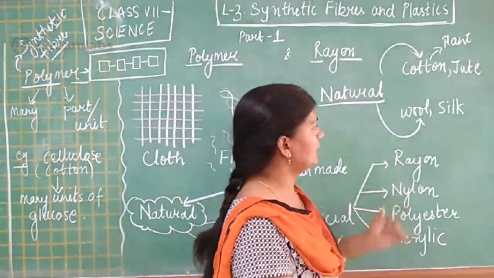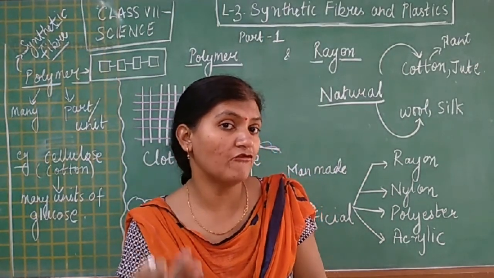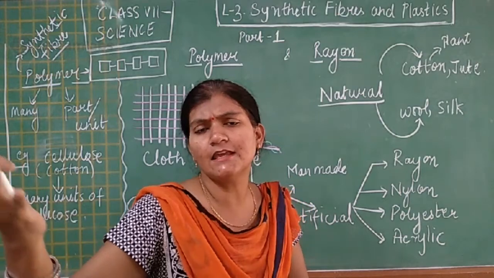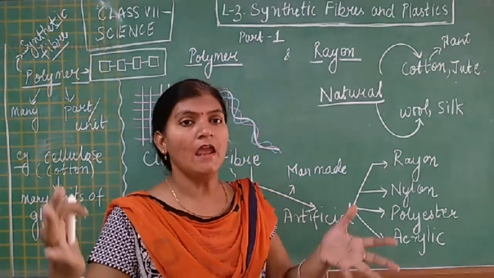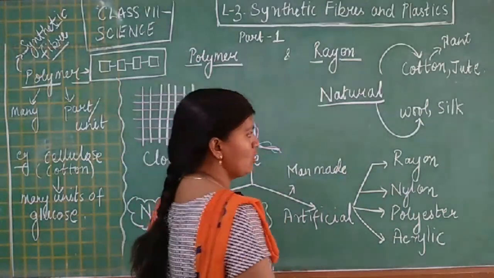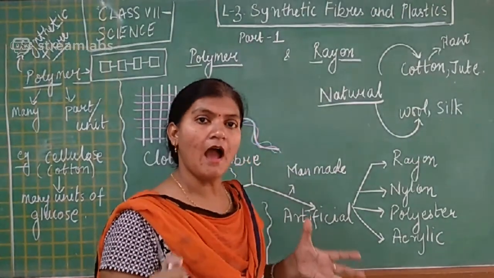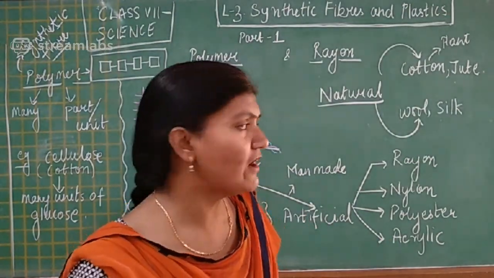There you have read about the variety of fibers that you obtain from animals, and since they are obtained from animals, they are examples of natural fibers. Right, students? So wool and silk are the examples of animal fiber.